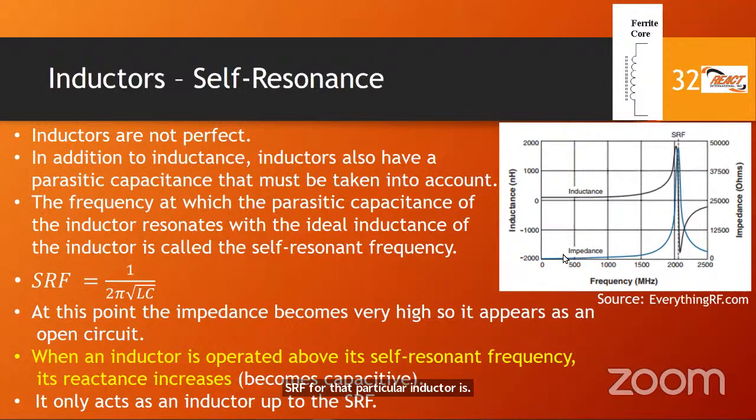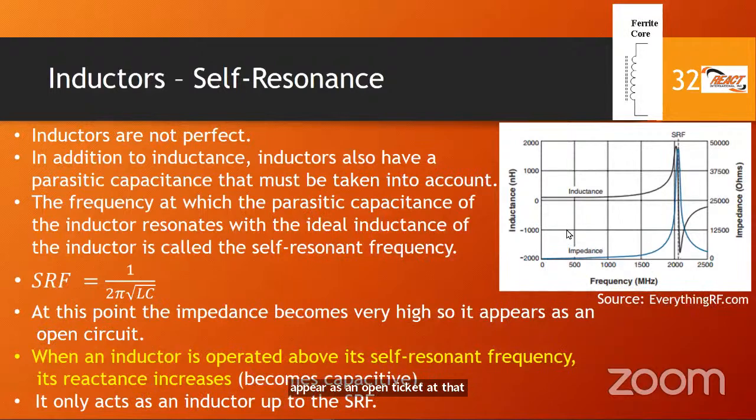When we're using the inductor at a particular frequency, it may operate pretty well and serve as an inductor for some frequencies, but there's going to be a frequency at which it will not serve the purpose. It will actually appear as an open circuit at that AC or radio frequency value, and that's called the SRF.